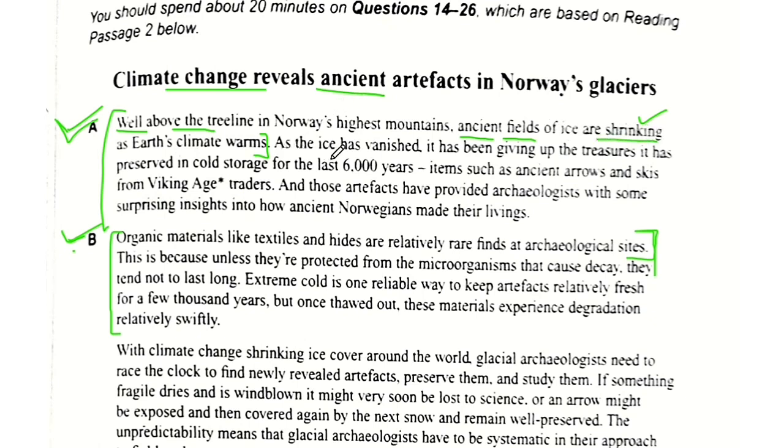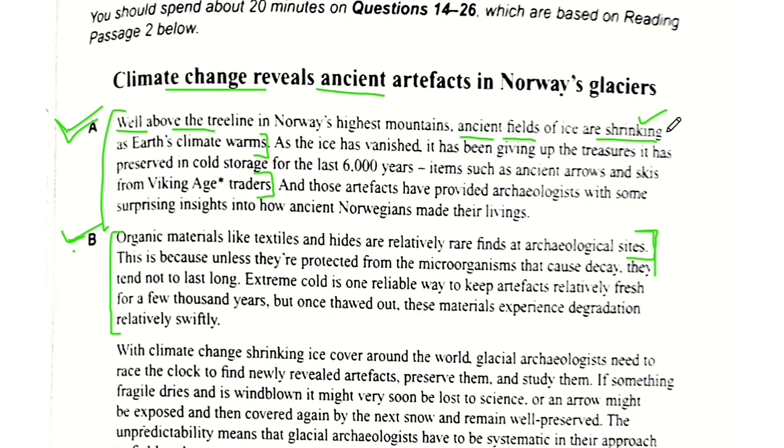As the ice has vanished, it has been giving up the treasures it has preserved in cold storage for the last 6,000 years. Items such as ancient arrows and skis from Viking age traders. So this is your second sentence, and those artifacts have provided archaeologists with some surprising insights into how ancient Norwegians made their living. So here you can see that first they spoke about the ice shrinking in the ancient fields of Norway.